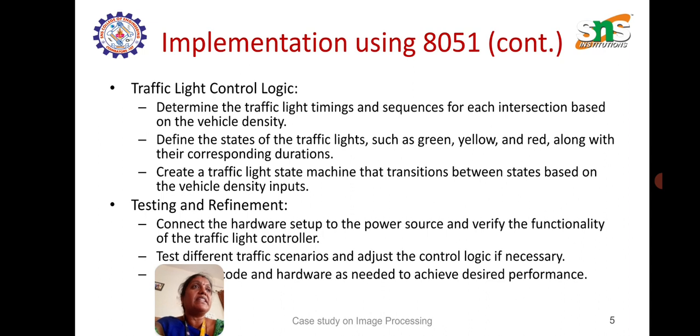The specific details and code implementation may vary based on the requirements, the sensors used and the programming language. Additionally, we may need to consider factors like pedestrian crossings, emergency vehicle priority, and synchronization with neighboring intersections.